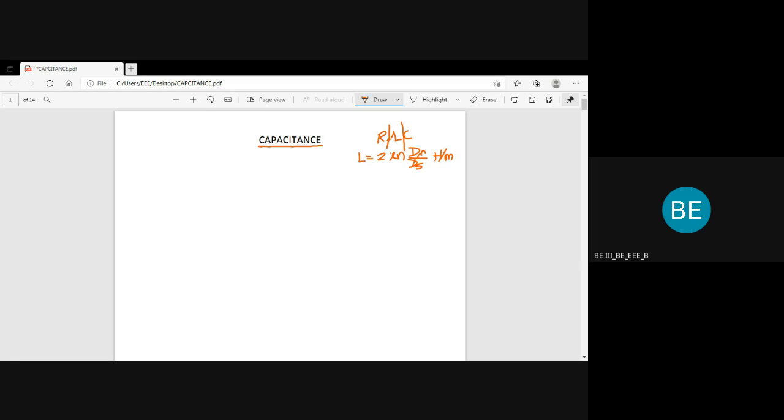Before going to deriving the formula for capacitance, I would like to explain the different things about capacitance. We know what is meant by a capacitor.